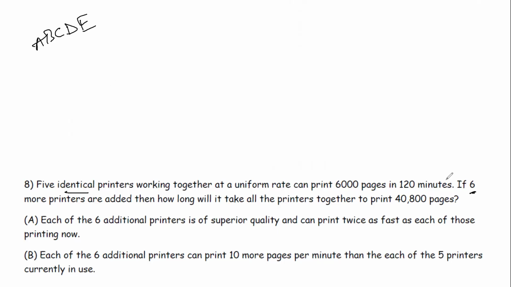Each of the 6 additional printers is of superior quality and can print twice as fast as each of those printing now. So clearly these 6 are different from those 5. Twice as fast. Okay. So 6,000 pages in 120 minutes. So in 1 minute, it'll be 50 pages.